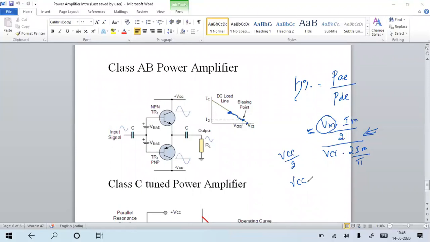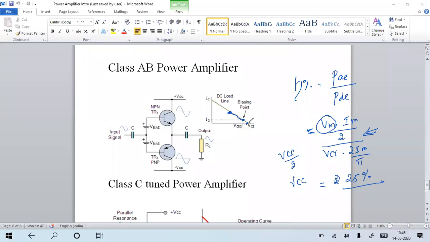Based on your Vm value, you may get 25% as efficiency, because we are locating the Q point in between the class A power amplifier Q point and the class B power amplifier Q point.